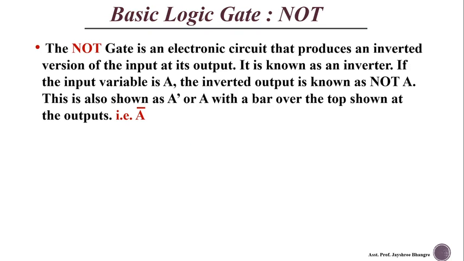Now the third gate is a NOT gate. It is a gate that produces an inverted version of the input at its output, and it is known as an inverter. If the input variable is A, the inverted output is known as not A or complemented A. This is also shown like this, or we can represent this with a bar over the top of the output, that is A complement or A bar.